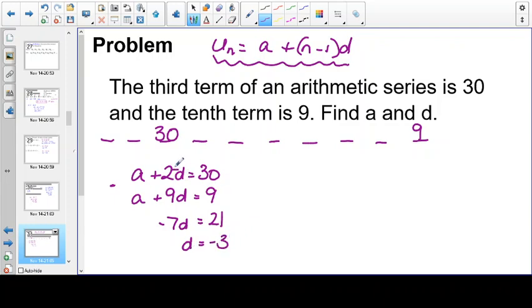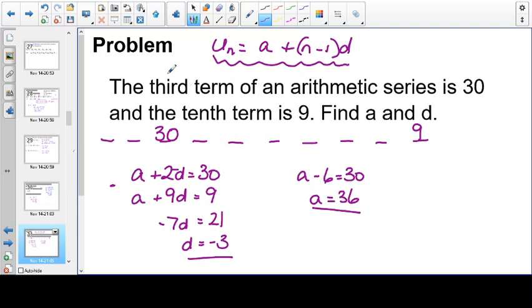And if D is minus 3, we'll whack that in here, 2 times minus 3 is minus 6, plus the 30, so A minus 6 equals 30, which means A must be 36. Okay, which makes sense. 36, take off 3 is 33, 30, 27, and so on.